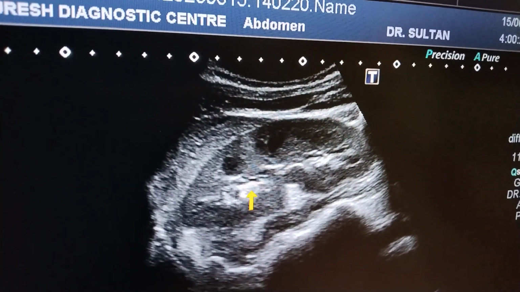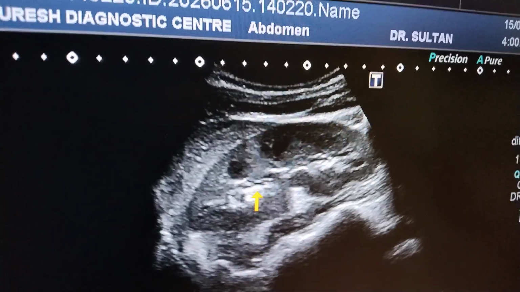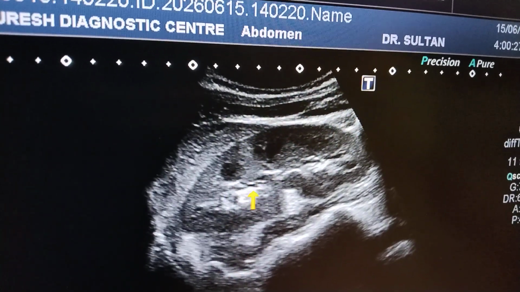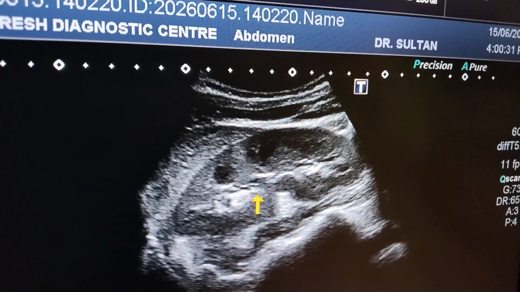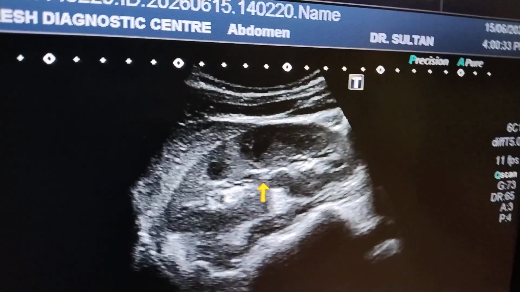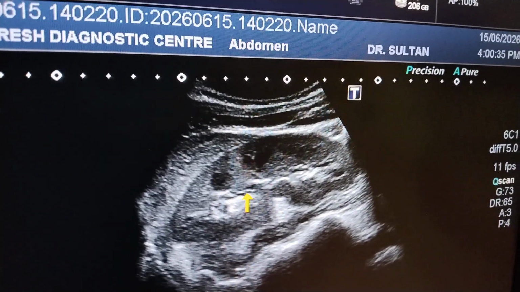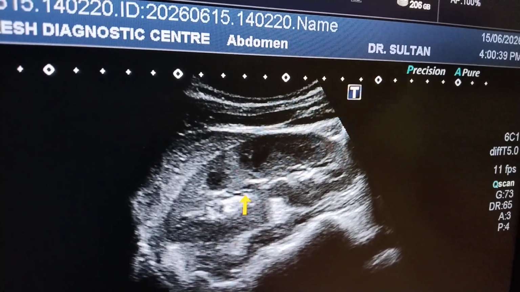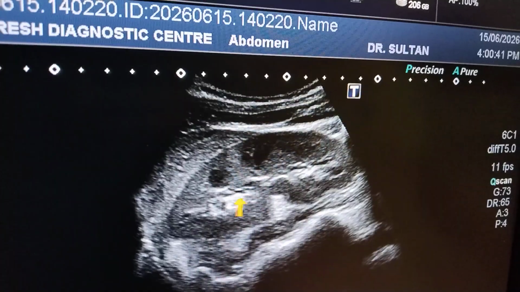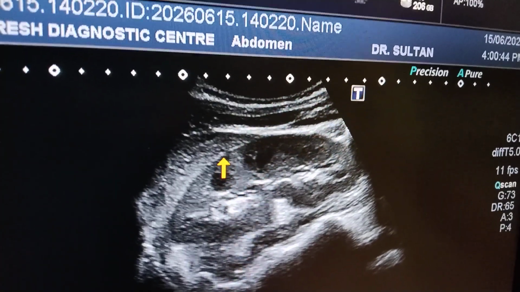Because here maximum fat is present, connective tissue is present, the collecting system is present, and the blood vessels are present here. So all the walls of all these structures make interfaces more than the pyramid and the cortex.